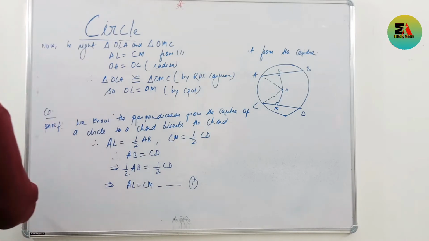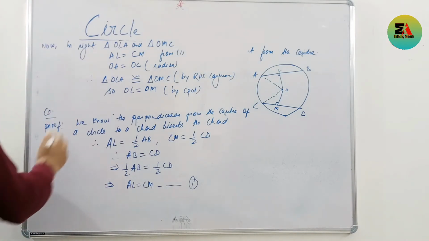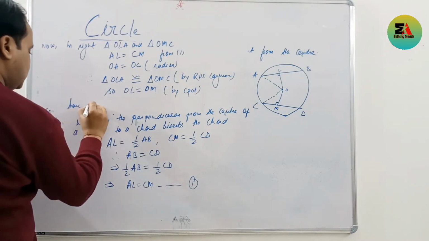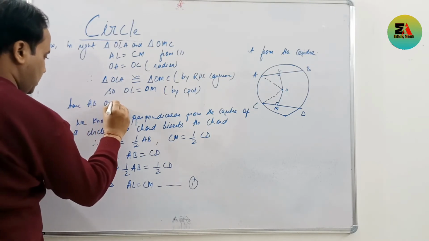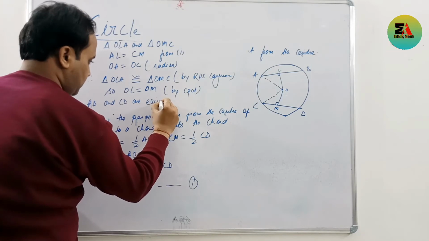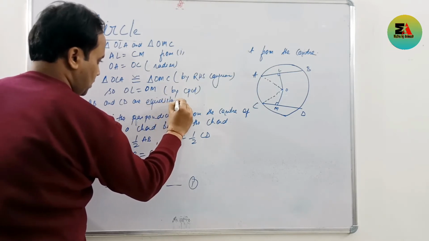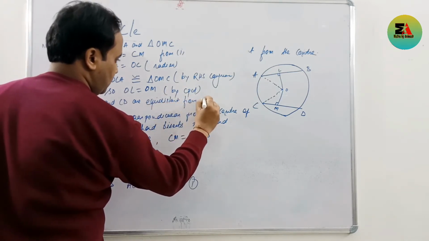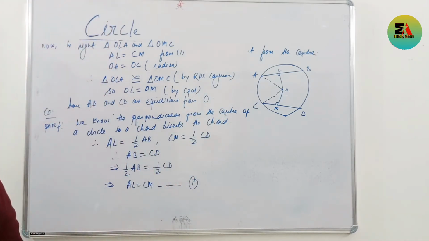Hence AB and CD are equidistant from O. I hope this one is clear to you.